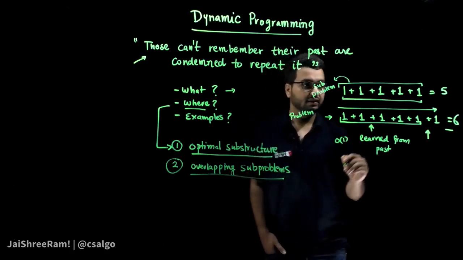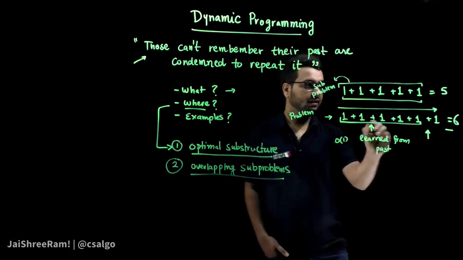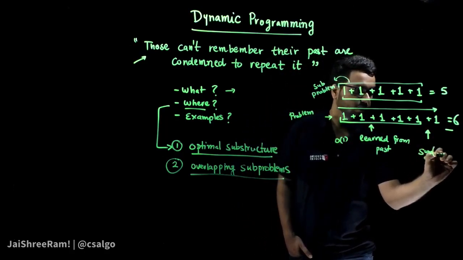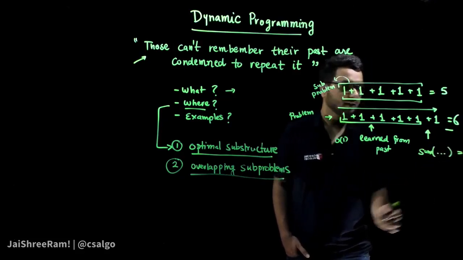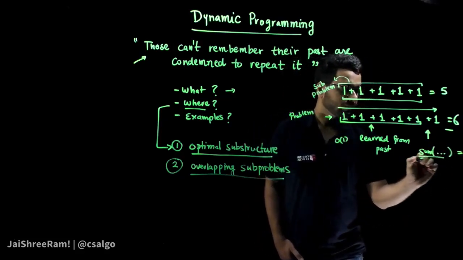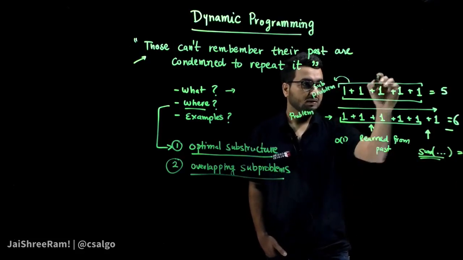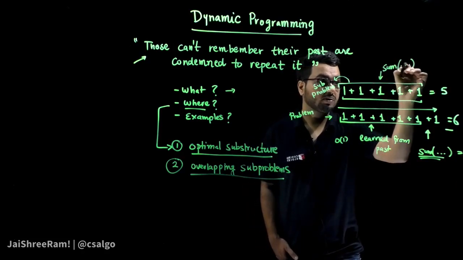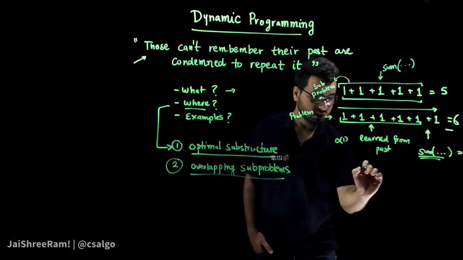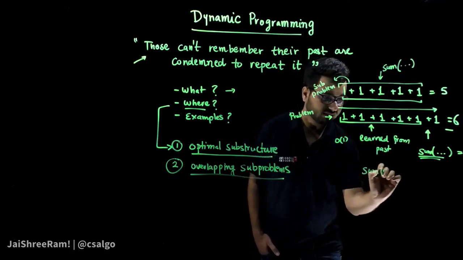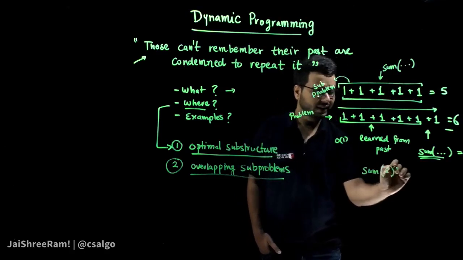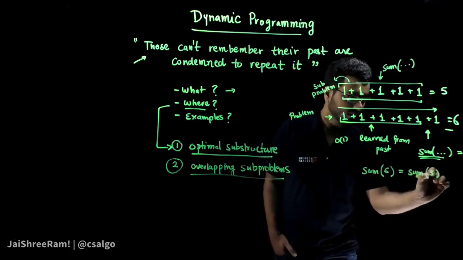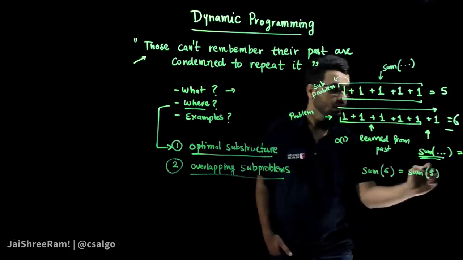For example, let's say this is a function sum, and it gets some data and you get the answer as 6. This problem is to compute a sum, and the smaller subproblem is also about computing a sum, so it is of the same type. Sum of 6 elements in the array can be expressed as sum of 5 elements of the array plus 1.